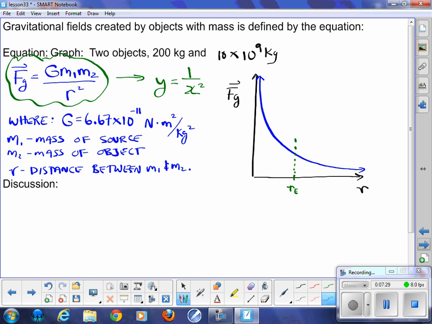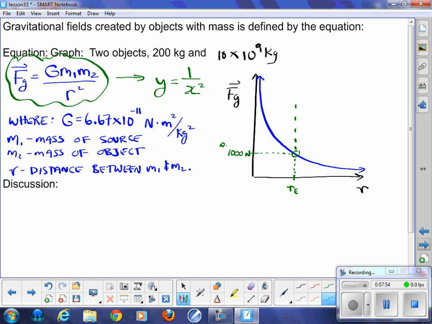What is the corresponding value? Depending on your mass, say a 100 kilogram person times gravity, say 10, that would be 1,000 newtons, for example. I'm just throwing it out there.